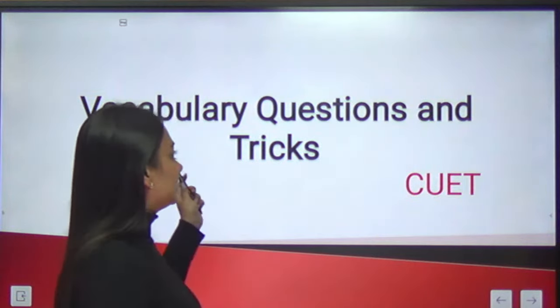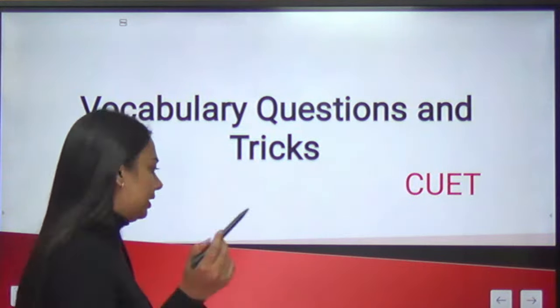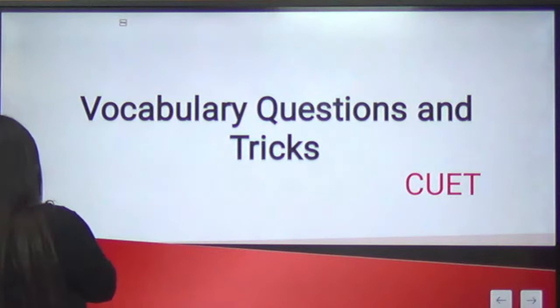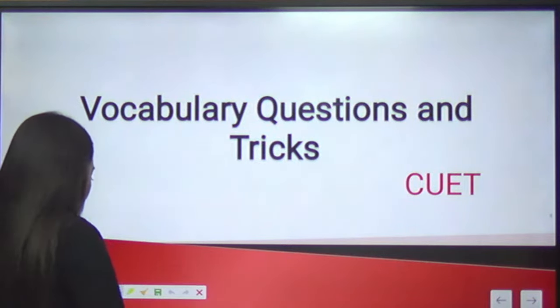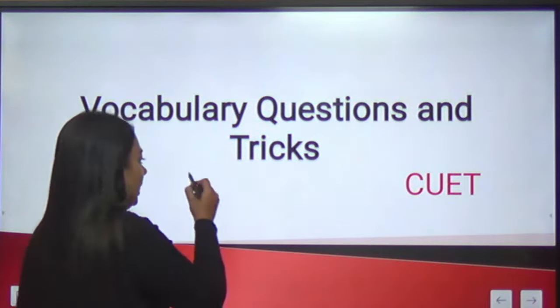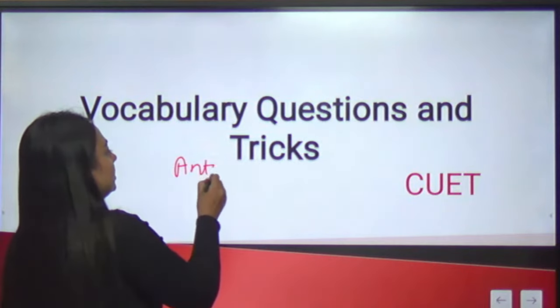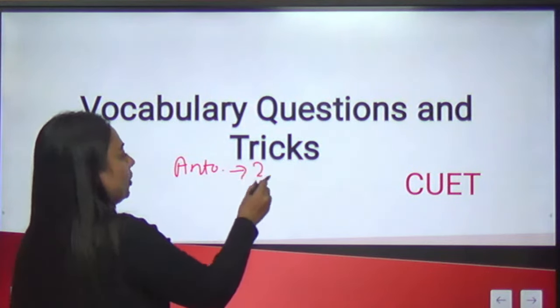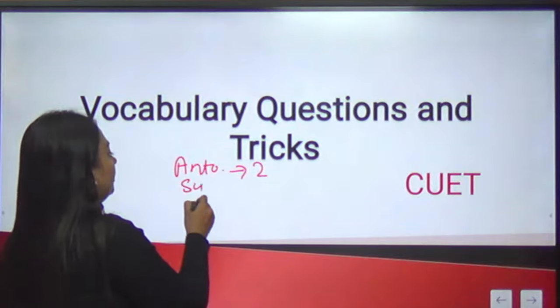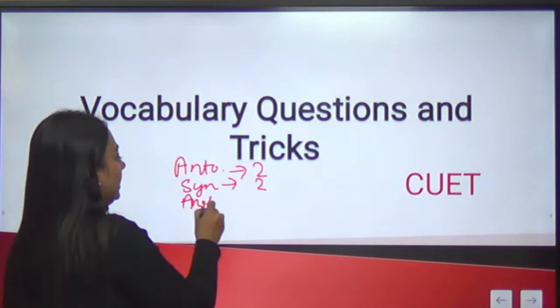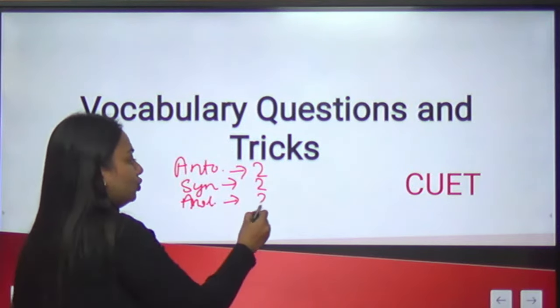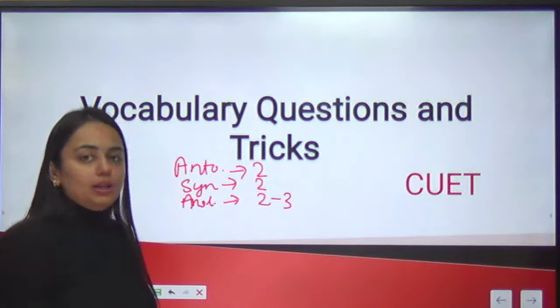So we will see certain vocabulary questions and tricks. Now before starting this, what kind of questions do you get in the exam? If we make a rough estimate of the weightage, you will get questions on antonyms, let's say two questions from this, from synonyms, two questions. You will get questions on analogies, let's say 2 to 3 questions, right?